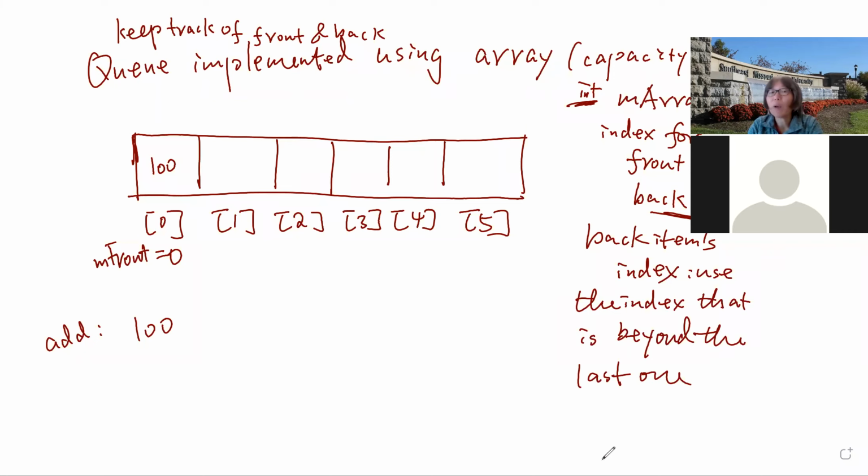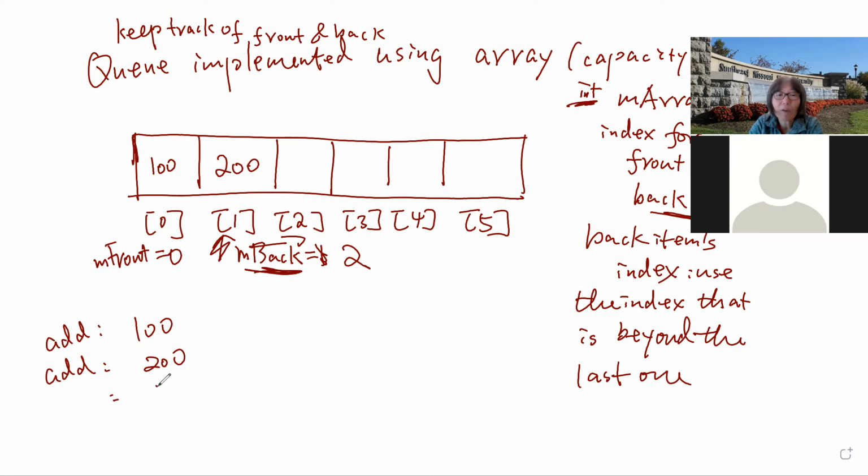We call it mBack. Then mBack should be 1 in this case. Then we add the second, 200. Front won't change, but the back index is going to be updated to 2.